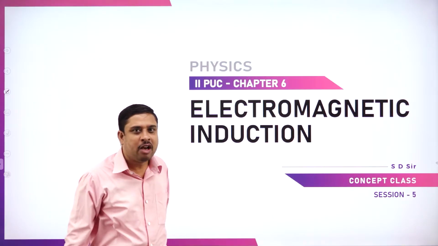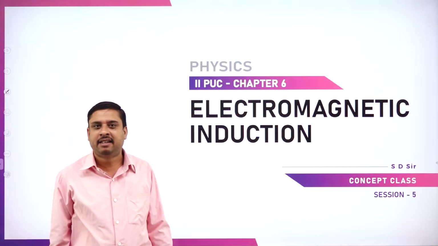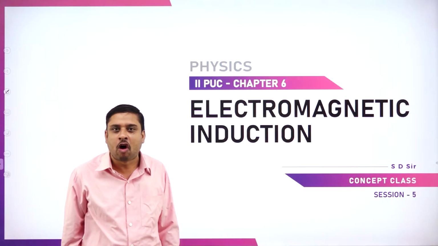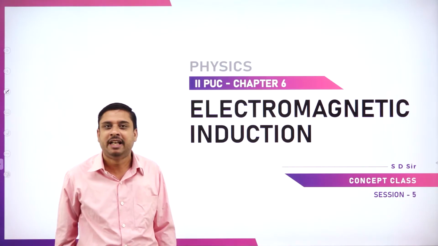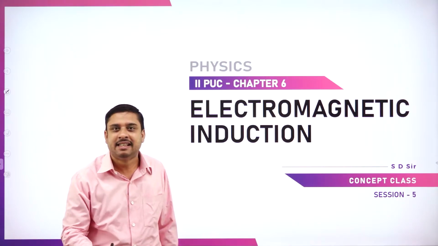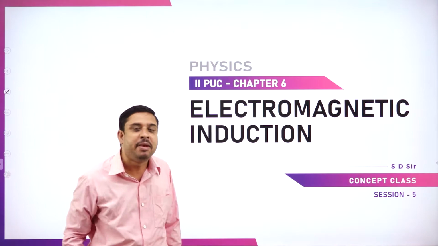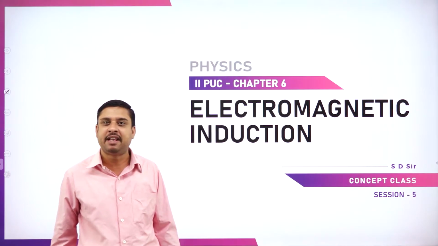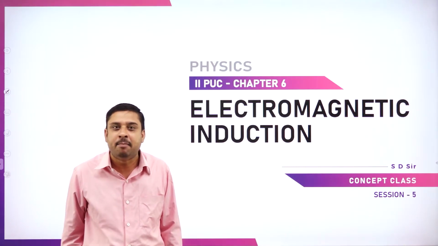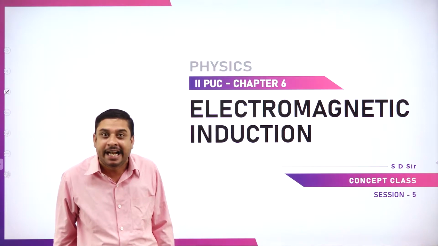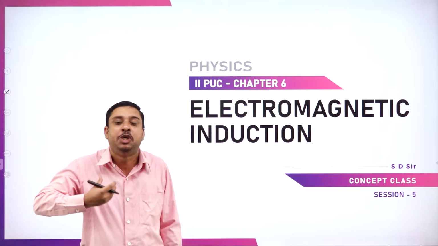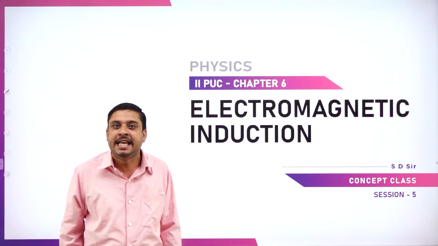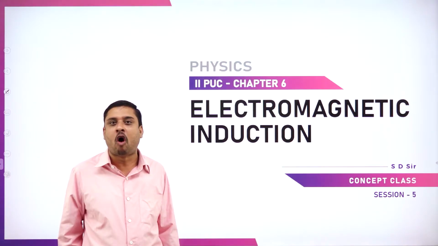So, can you all recall the definition of self-induction? We told it was a phenomenon where an EMF is induced in a coil. I am inducing an EMF in the coil.